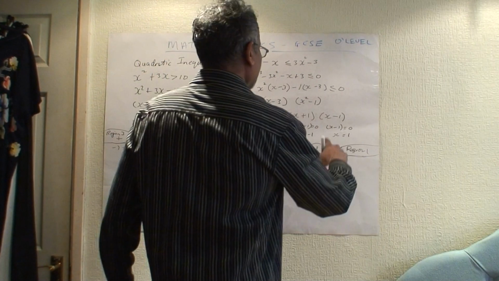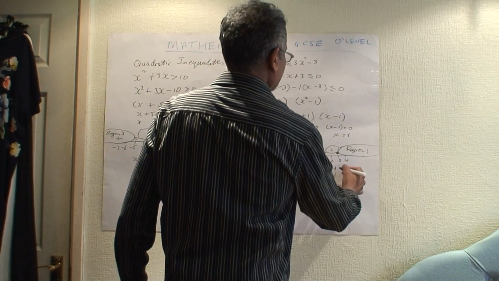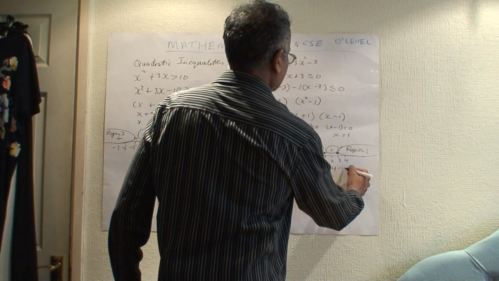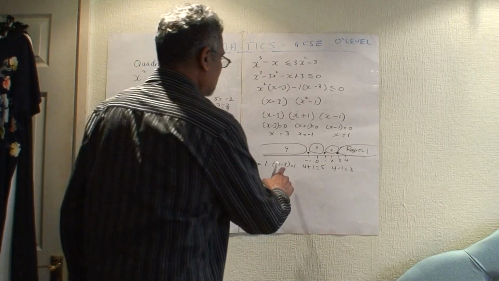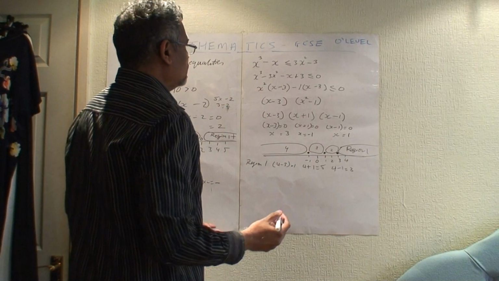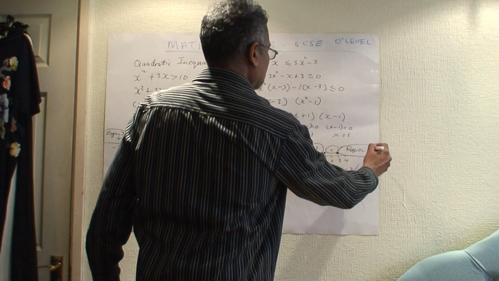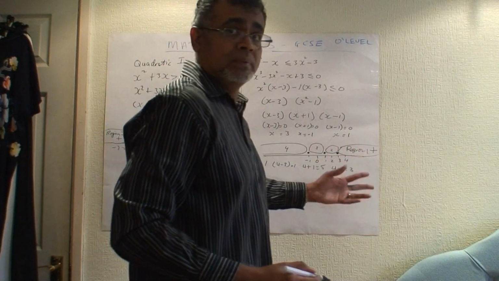And the other one, 4 minus 1 is equal to 3. So we get all plus values: plus 1, plus 5, plus 3. So we can say that region 1 is positive, getting positive values.